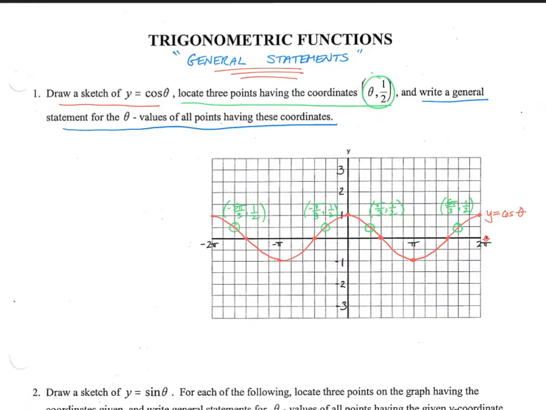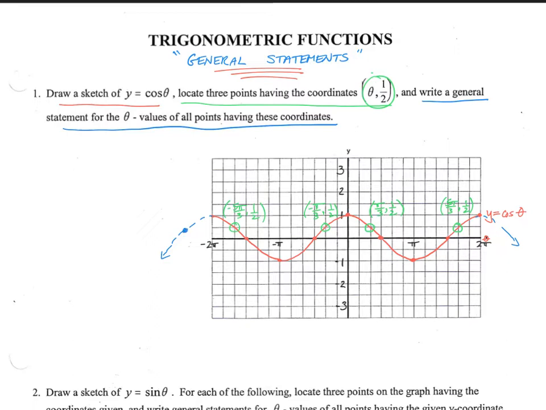When we talk about a general statement, these would be all the values that we see that have a y value of 1/2. But because we know that our trig curves can go on forever and ever in both directions, there are infinitely many angle values that would give a y value of 1/2.